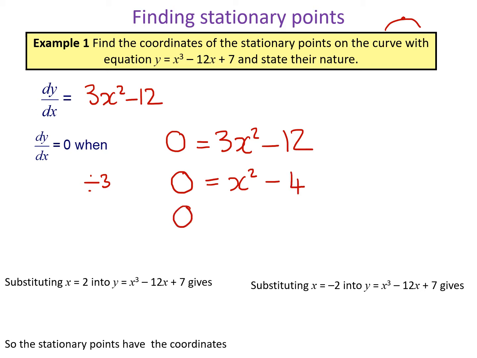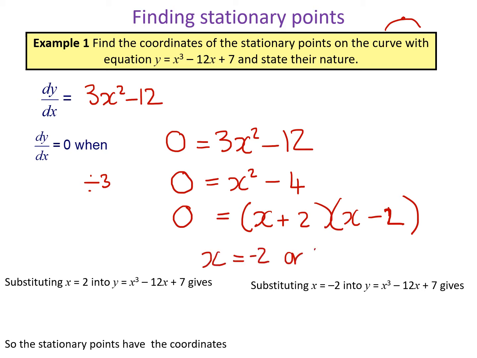And then you might recognise that as the difference between two squares: x plus 2, x minus 2. So what that means is there's two solutions to this. x can either equal minus 2 or 2.